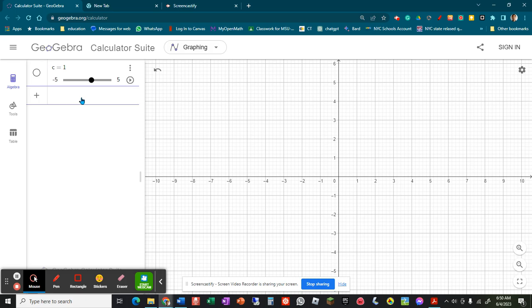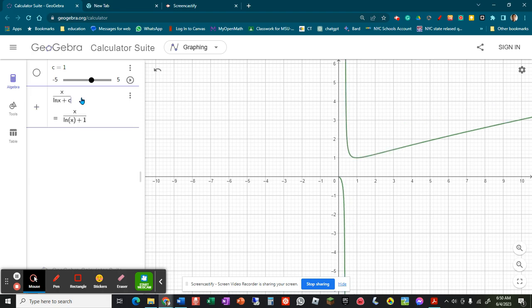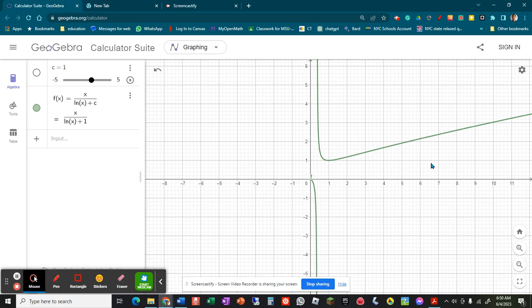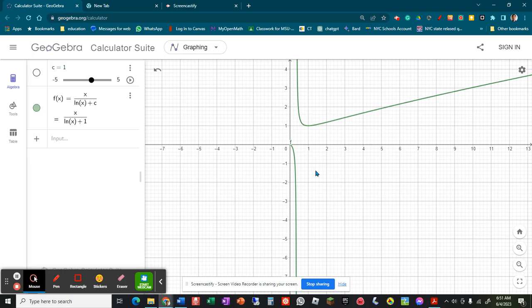X over ln of x plus c. Of course, my x is bigger than 0, right? So only looking at the right hand side here. And this is the graph when c is 1.